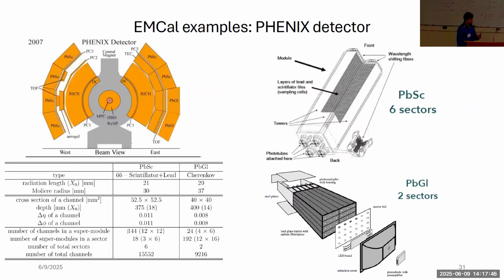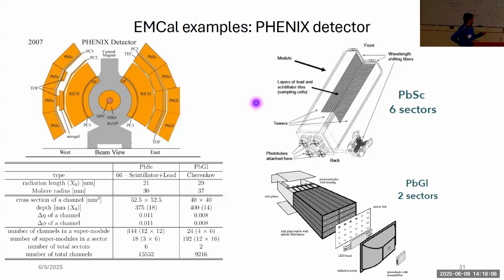Okay, so let me show some examples of EM calorimeters before I talk about hadronic calorimeters. An example is in the PHENIX detector. This was a detector that was operated at Brookhaven until I think 2016. They had two types of calorimeters.